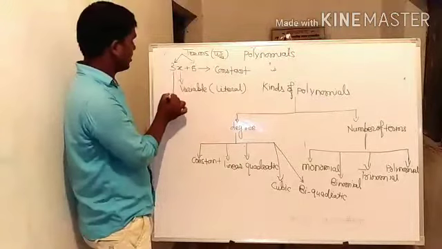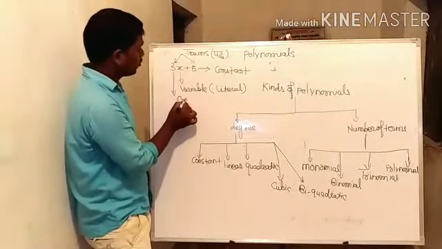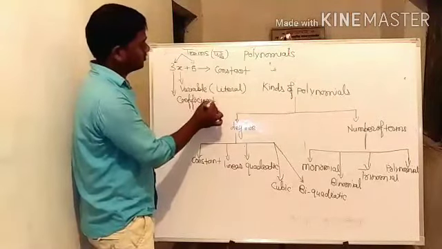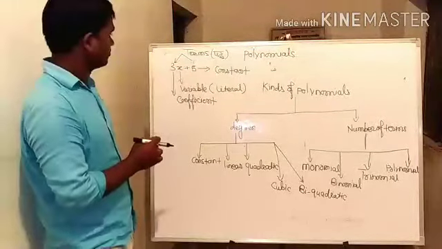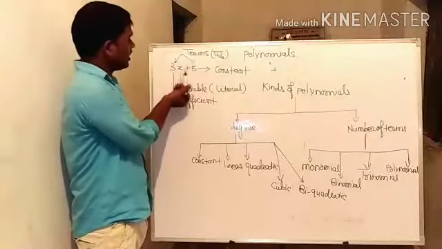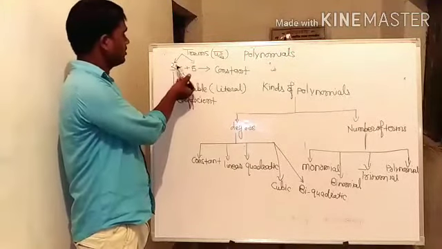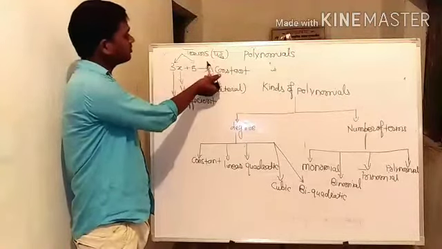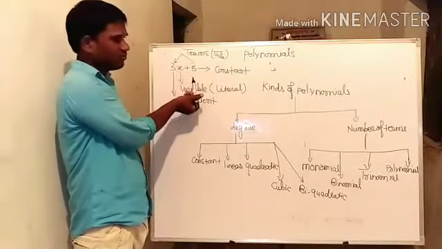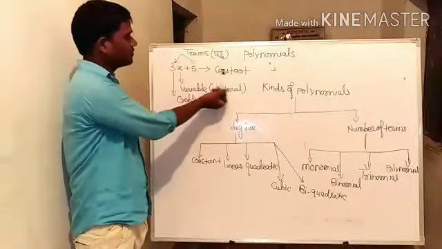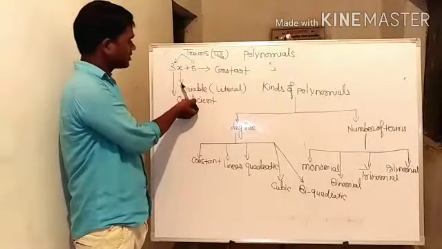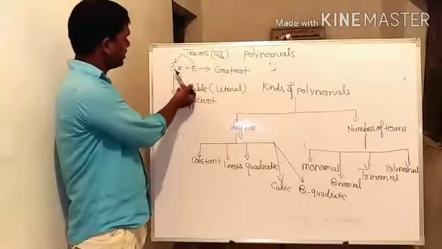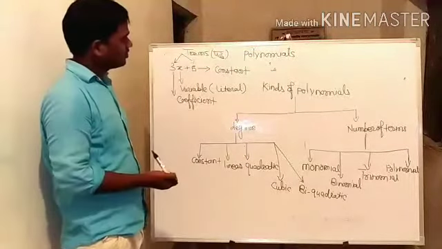And this 3 is known as the coefficient of x. In 3x plus 5, 3x and 5 are both terms of the polynomial, 5 is the constant, x is the variable, and 3 is the coefficient.